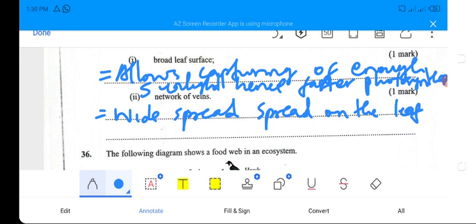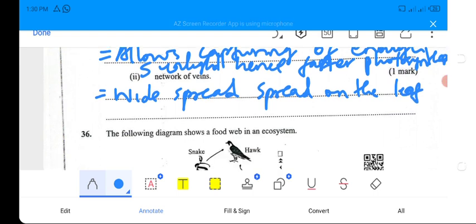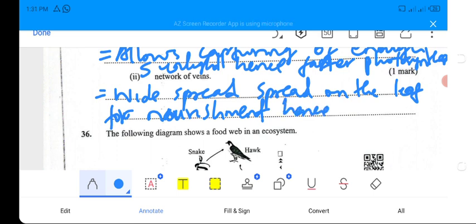It's widespread on the leaf for nourishment, hence photosynthesis. Nourishment means these veins are widespread to all parts of the leaf.